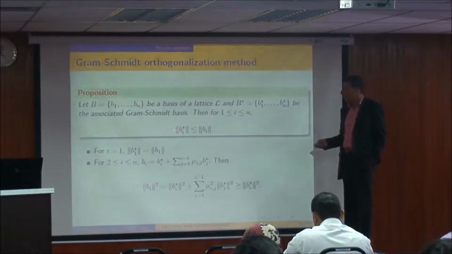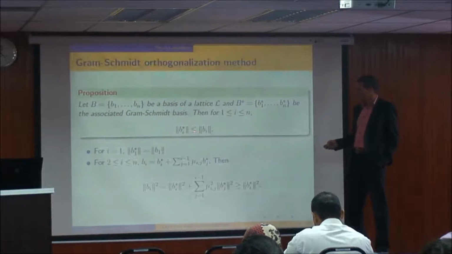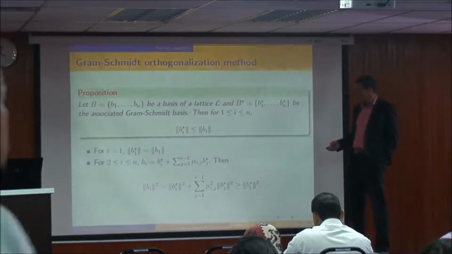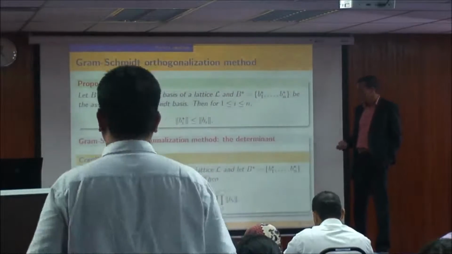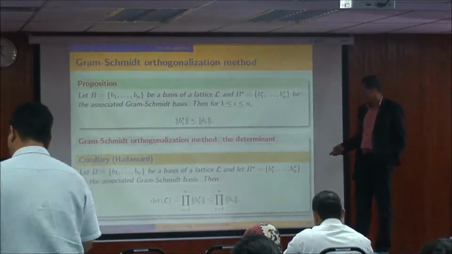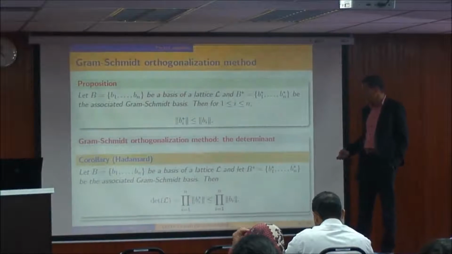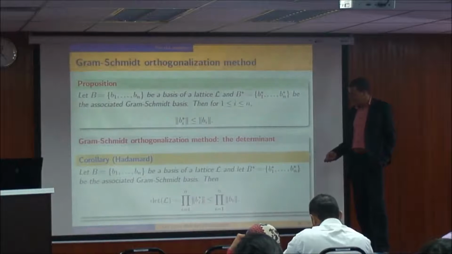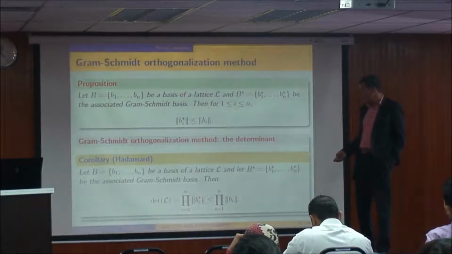So we can find that the norm of Bi star is less than the norm of Bi, and also we can find that the determinant of the lattice is in fact the product of the norms of the vectors of the basis Bi star.